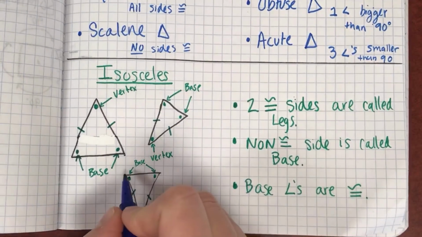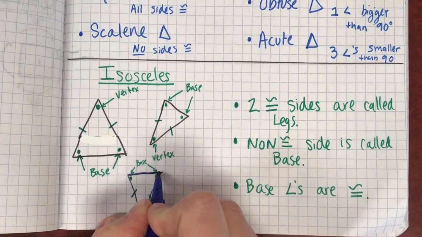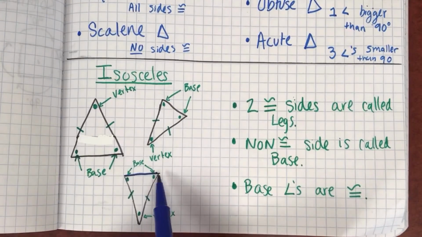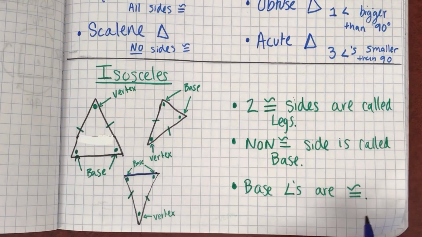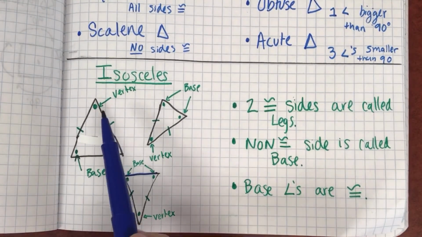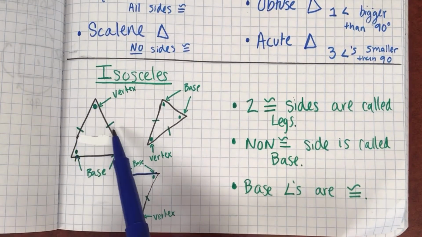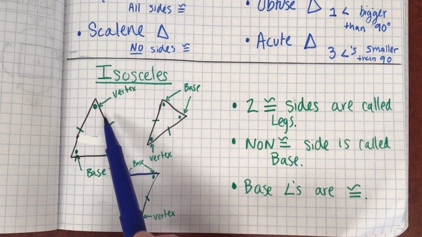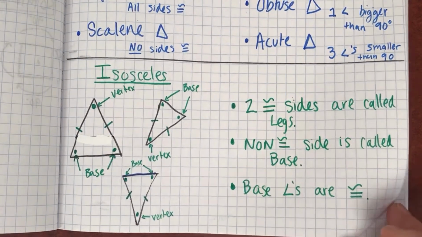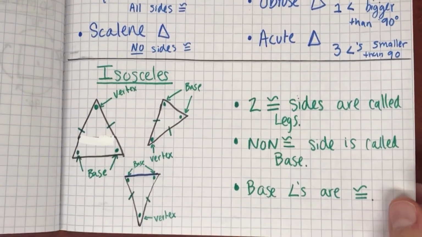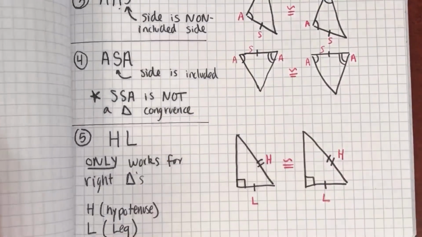So the shorter side is our base, and the two angles that form that are called base angles, and those are also congruent. We also have the vertex, and that is at the top of our two congruent sides, and our vertex isn't congruent to anything else. So that's our isosceles triangle.